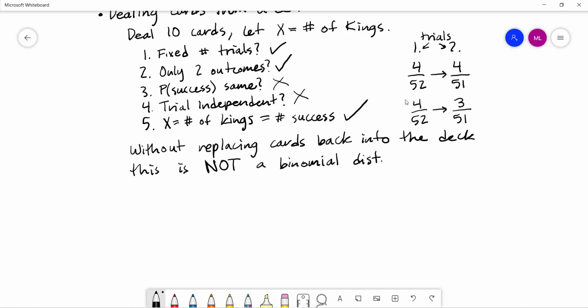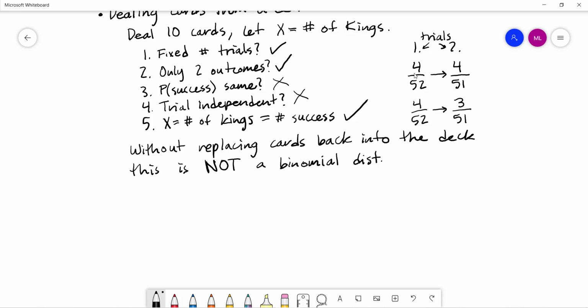However, if when we draw these 10 cards, we drew one card and then shuffled it back into the deck before we draw our second card, then this would work. If we were replacing the cards back into the deck each time we look at one, this would work because every single time after we checked whether or not we'd got a king, we'd shuffle that card back into the deck and we'd always be dealing with a 4 in 52 chance of pulling out a king.